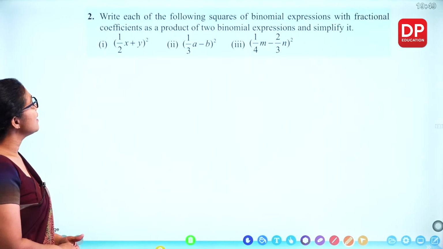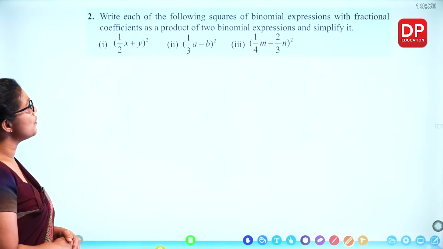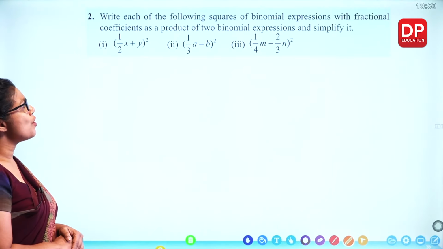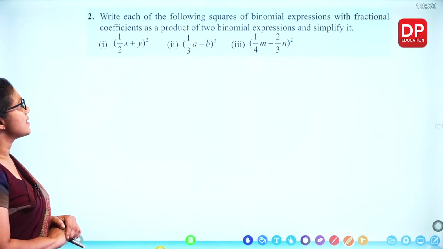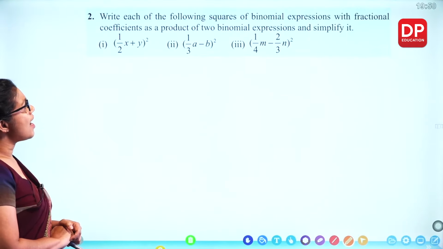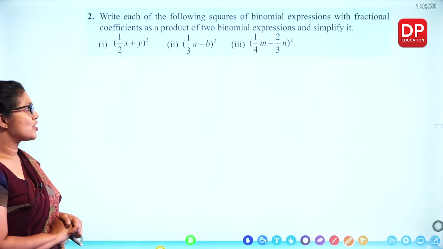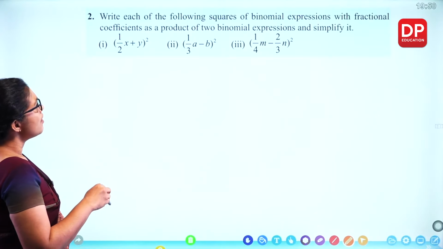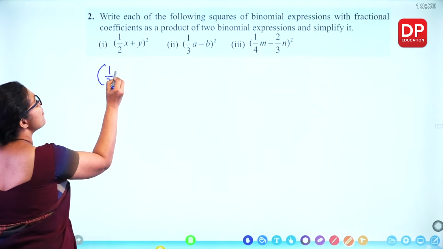Now we'll take the second one. Write each of the following squares of binomial expressions with fractional coefficients as a product of two binomial expressions and simplify it. So here they are asking, take as binomial, product of binomial expressions. So that means you have to write down separately as a product.